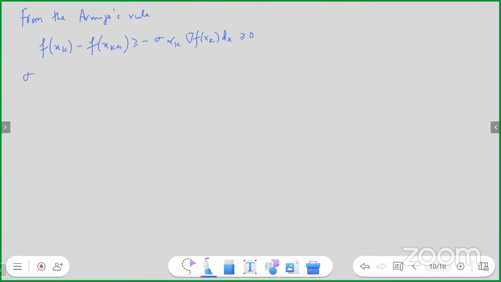Sigma is greater than 0 by choice, right? Thus, because of the previous step, what do we know? That this difference is going to 0. Sigma is greater than 0. So what has to go to 0? The rest of the things have to go to 0. So thus alpha k del f of xk dk have to go to 0, from 1.